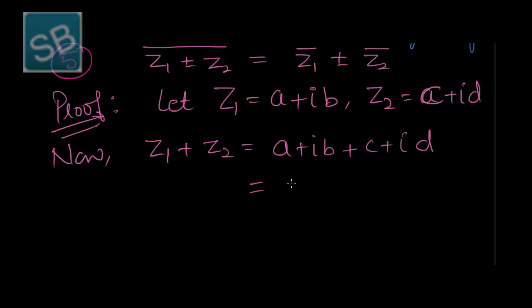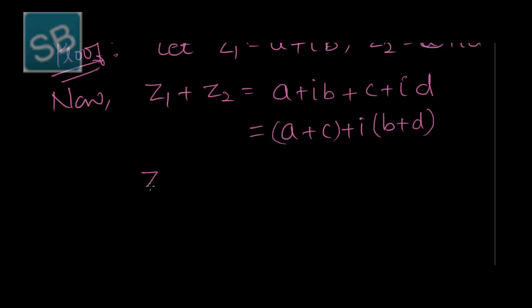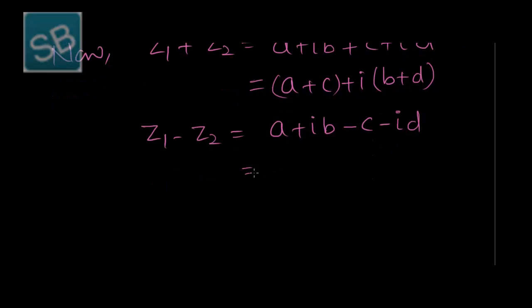So that gives a plus c plus iota times b plus d. And z1 minus z2 gives a plus iota b minus c minus iota d. It becomes a minus c plus iota times b minus d.